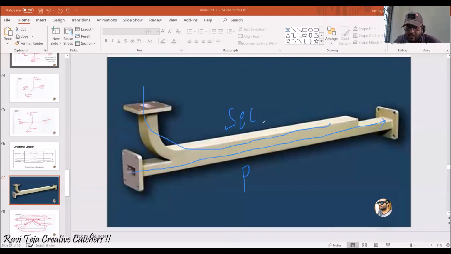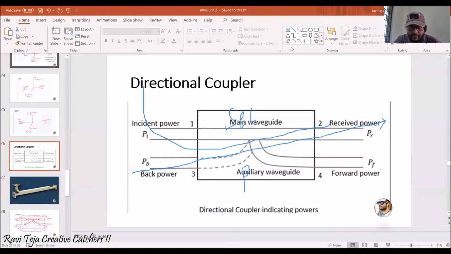Whenever you combine 2 waveguides, each of which has 2 ports at their ends, you will get a directional coupler. Similarly, if you see the diagram here, there is a waveguide which is a straight line, and one more waveguide which is a little bit bent.